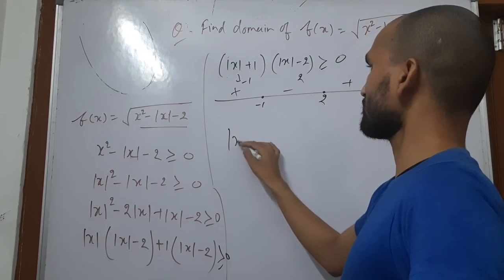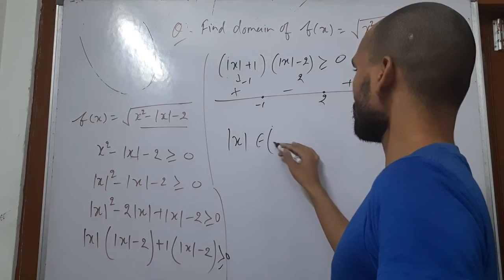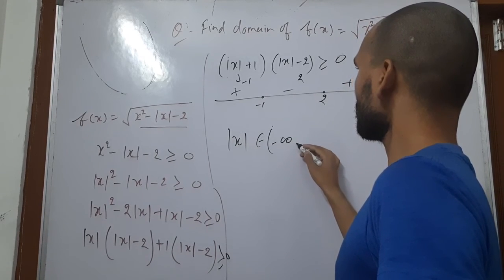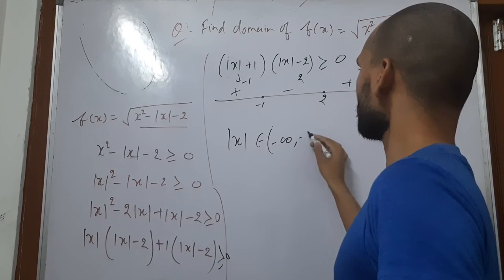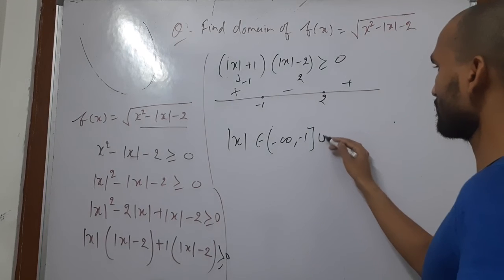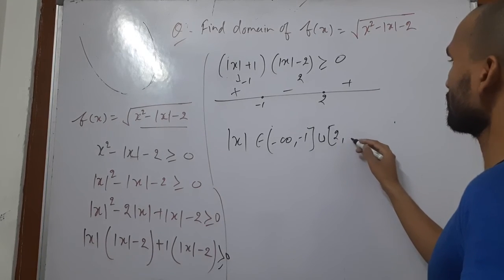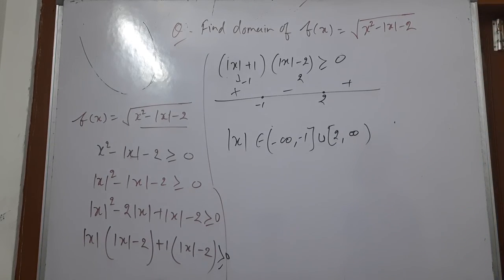So mod x belongs to what? Minus infinity to minus 1 closed interval, and union closed interval 2 to infinity. Okay students, it is the value of mod x. Then what should be the value of x?